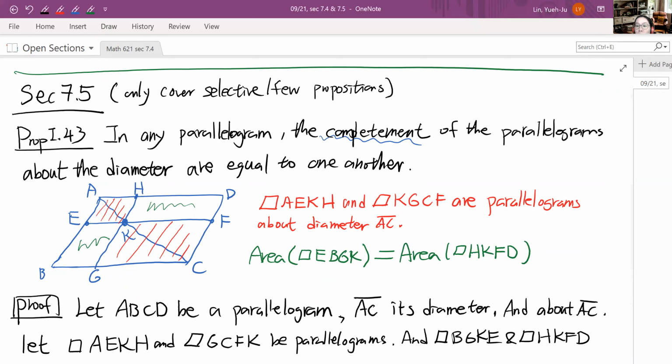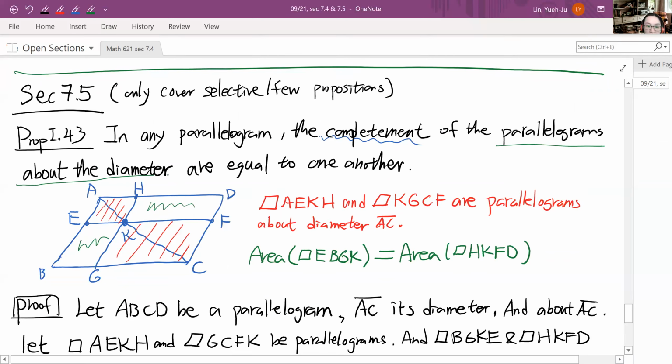Okay, so why do we say it's a complement of something? What's the parallelogram? From the statement I mentioned, parallelogram about the diameter. So the red shaded part, or you can say the parallelograms AEKH and KGCF, are what we call the parallelograms about the diameter AC, right?